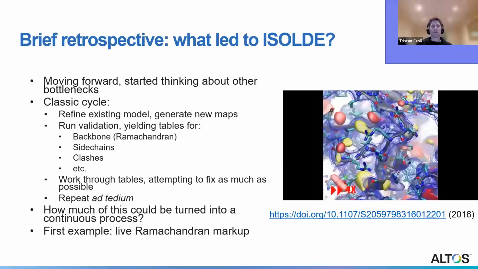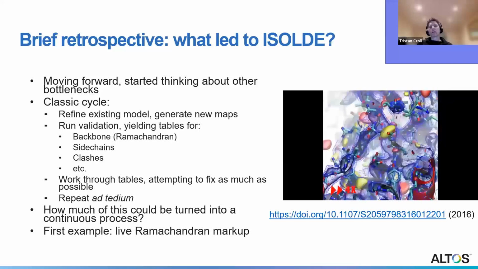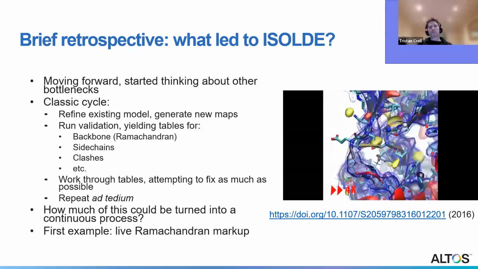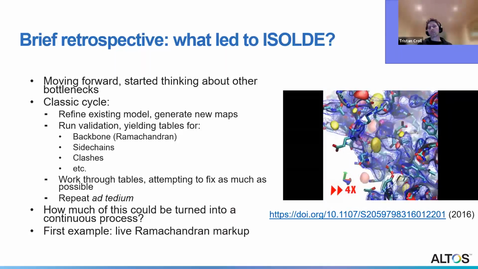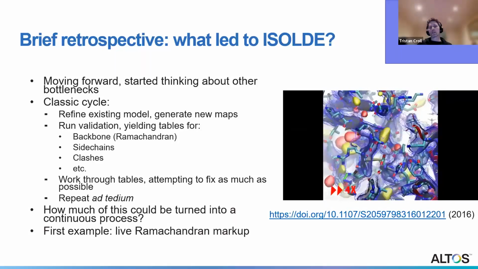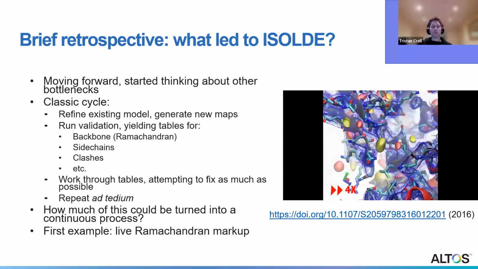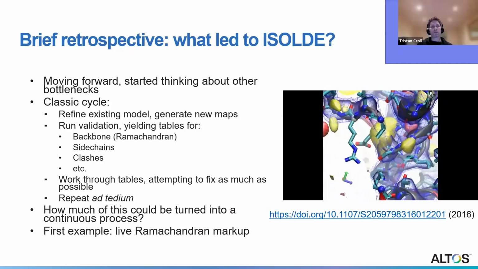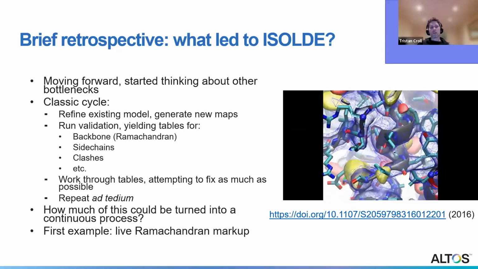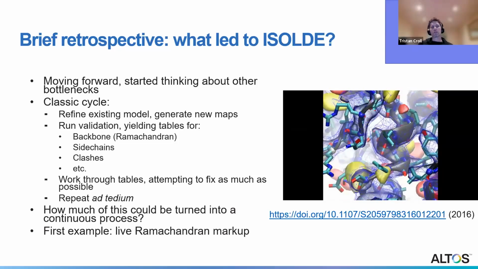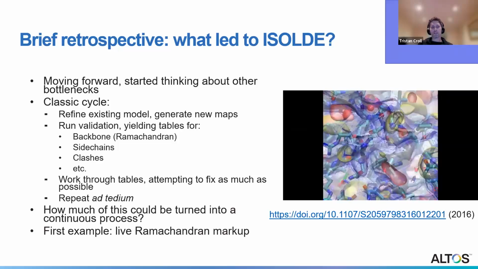clashes, etc. And then that will give you a list of the lowest probability residues first. You work through those tables, you attempt to fix as much as possible, and you hope you fix as much as possible. Then you run another refinement validation, and then it tells you how you did.